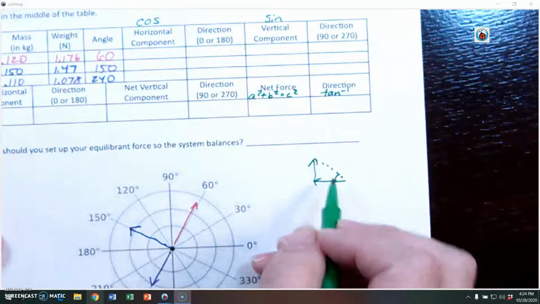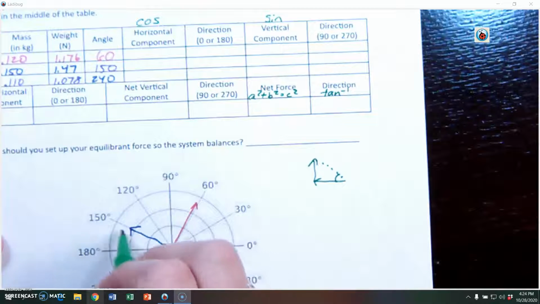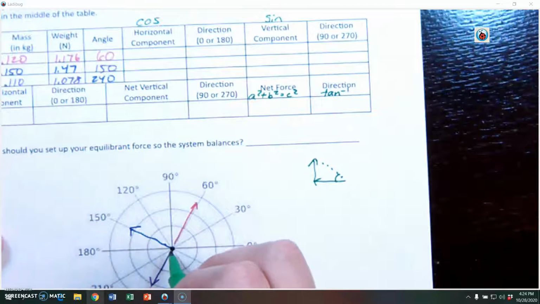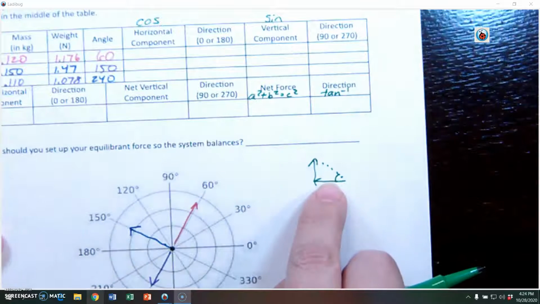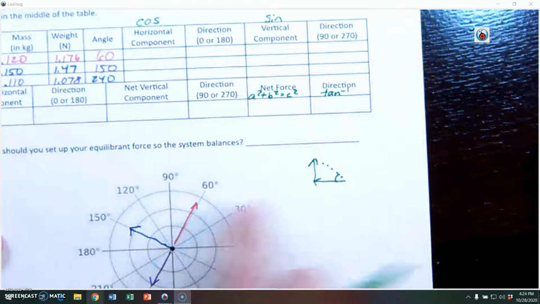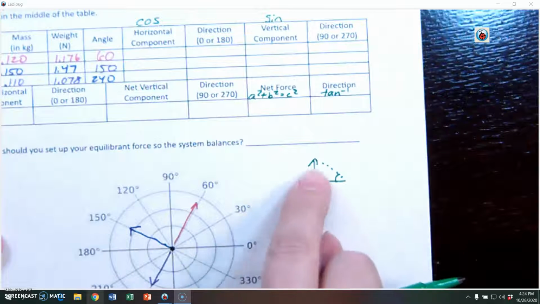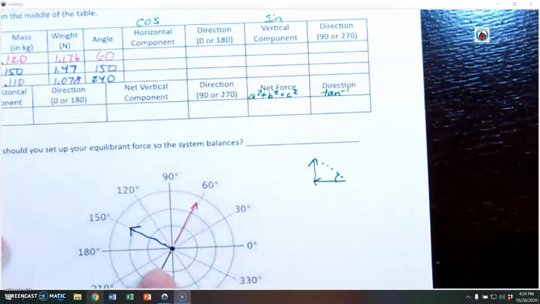And think about that triangle. If mine is going here like this, then I've found this angle in here somewhere. That means I'm going to take 180 minus that angle. Okay, so look at where your triangle ends up, if it's going up or down, left or right, and think about on your coordinate plane where that angle that you're finding ends up.